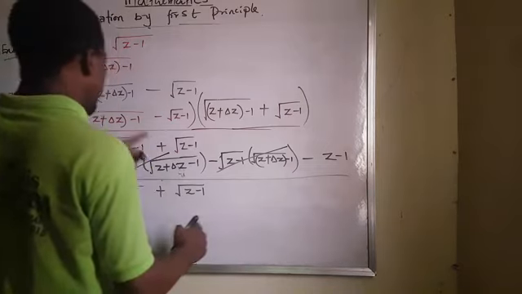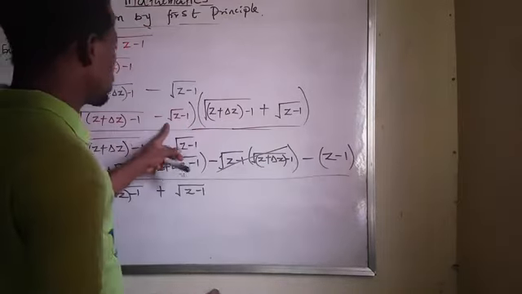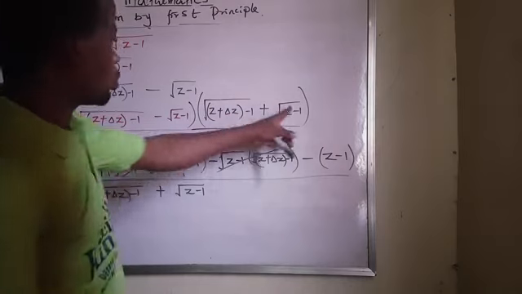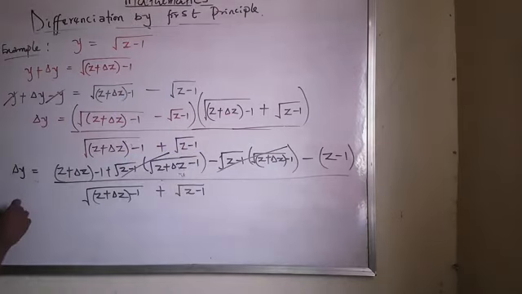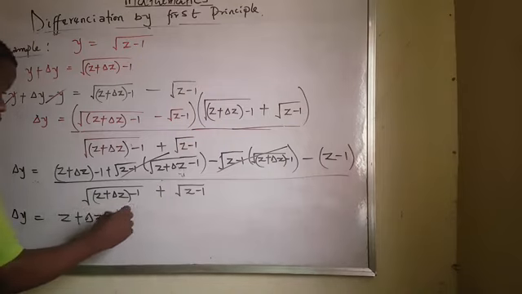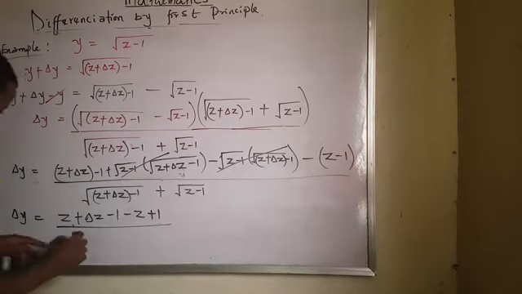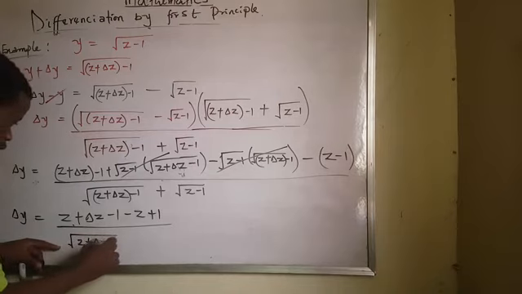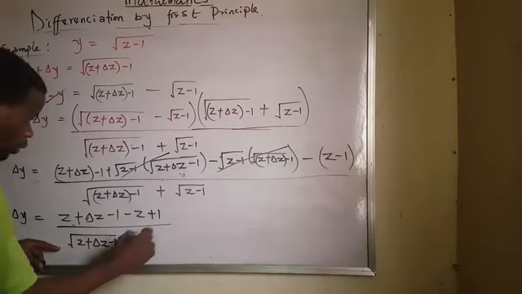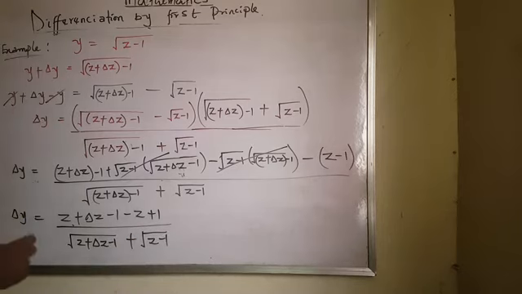Then here, you have minus, put this in bracket please, this times this, so minus this. So that becomes change in y equals z plus change in z minus 1 minus z plus 1. Everything upon z plus change in z minus 1, then plus z minus 1. So what happens?